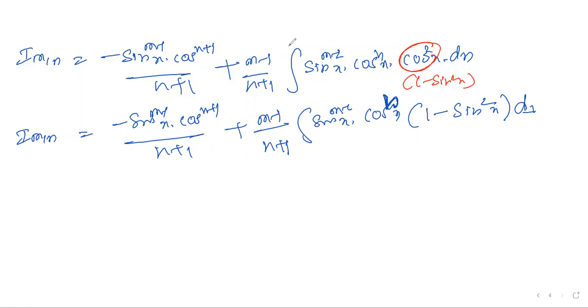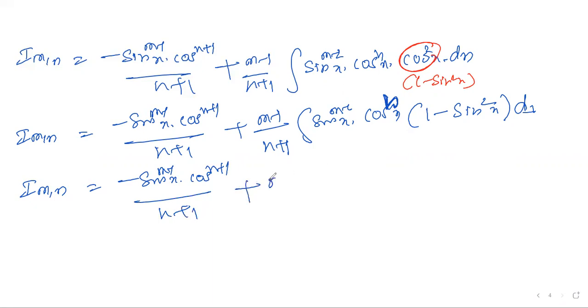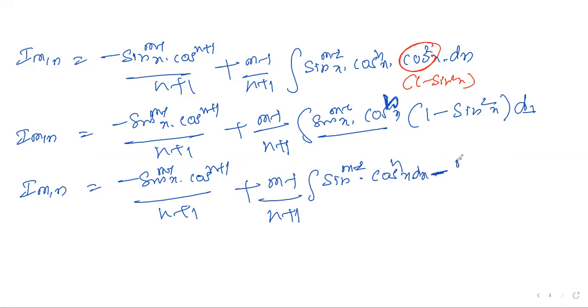Now let us multiply inside. I(m,n) is equal to minus sin^(m minus 1) x into cos^(n plus 1) x by (n plus 1) plus, I'll rewrite, multiply (m minus 1) by (n plus 1) integration sin^(m minus 2) x into cos^n x dx, because this is the same multiplied with this into dx, then minus (m minus 1) by (n plus 1) integration.